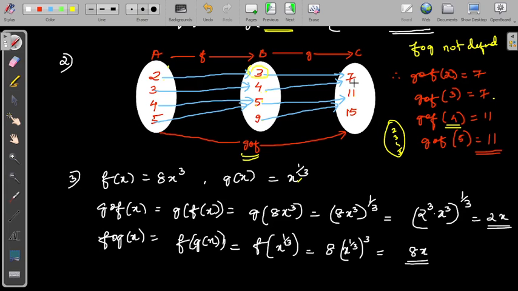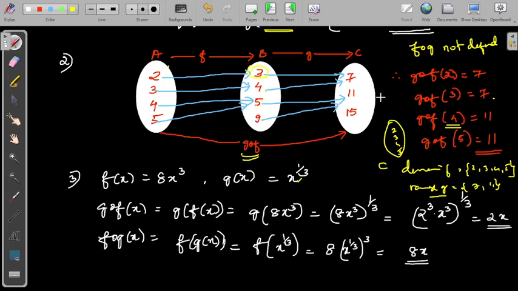So this is coming first. Range of g is equal to 7 and 11, which is neither a subset of domain of f nor equal to domain of f. So domain of f equal to 2, 3, 4, 5, whereas range of g equal to 7 and 11. This range of g is neither subset of domain of f nor equal to domain of f.